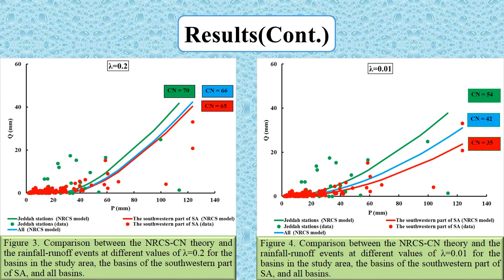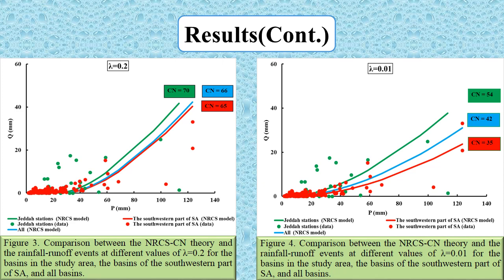The dots are the data: the green ones are the data for the Jeddah region, and the red ones are for the southwestern part region. We get a Cn of about 70 for the Jeddah region, and about 66 for the southwestern part region.